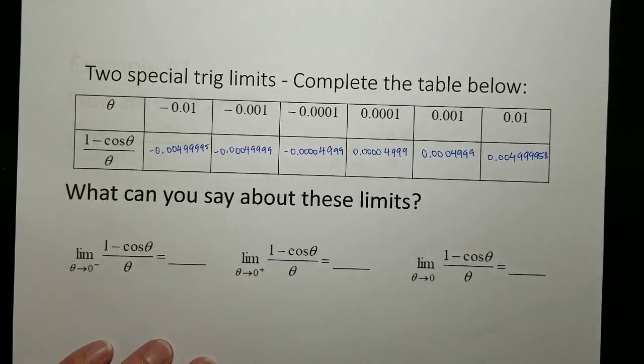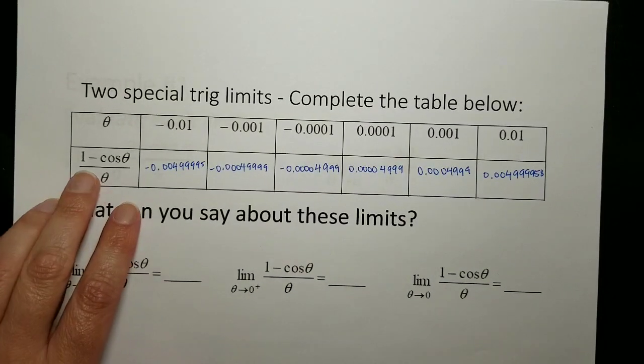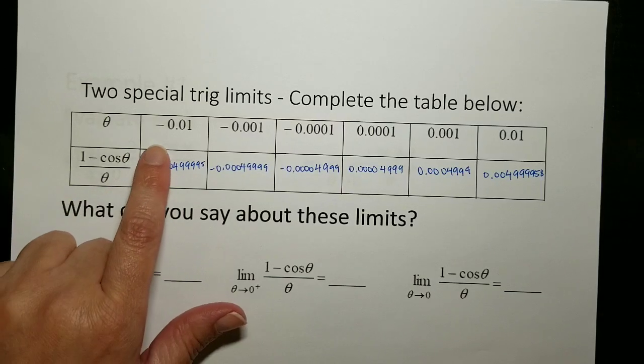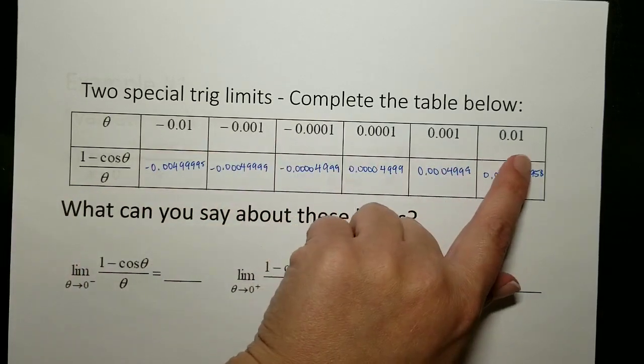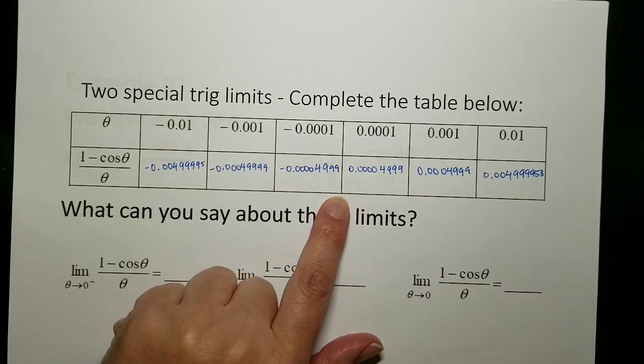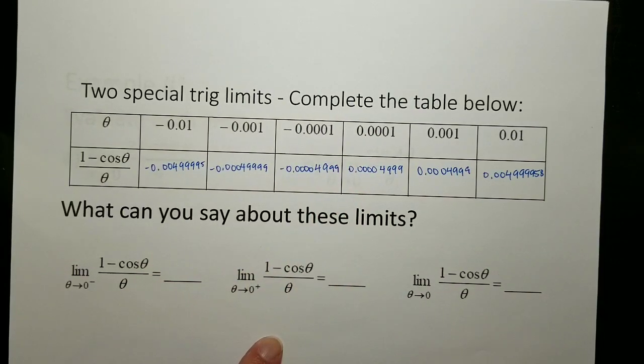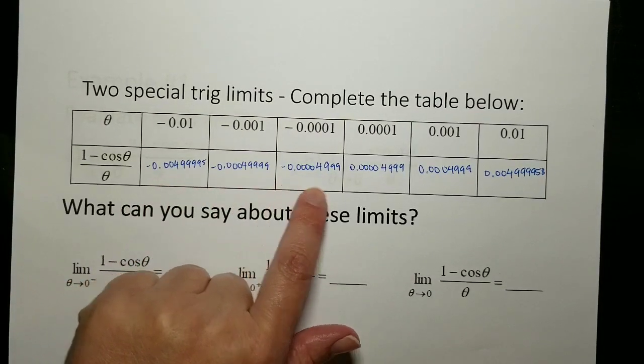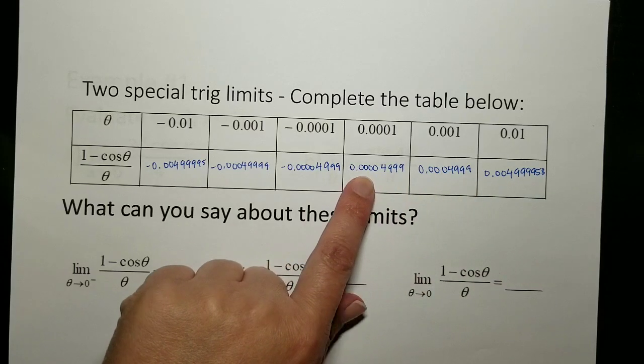The last special limit is this one, 1 minus cos theta over theta. So again, we're increasing towards 0 and decreasing towards 0. And what is actually happening here? So here we see these values increasing.